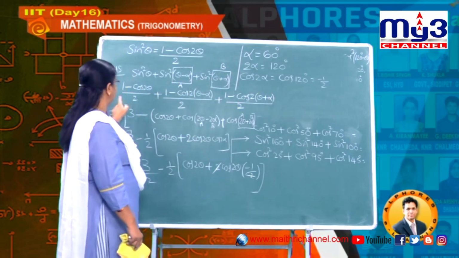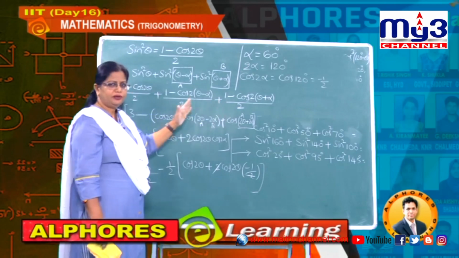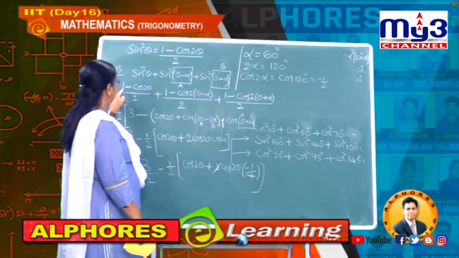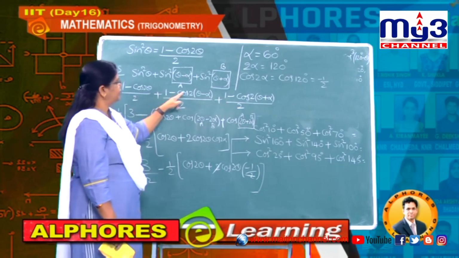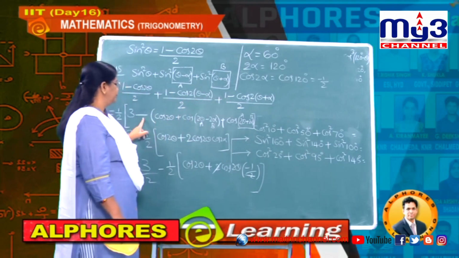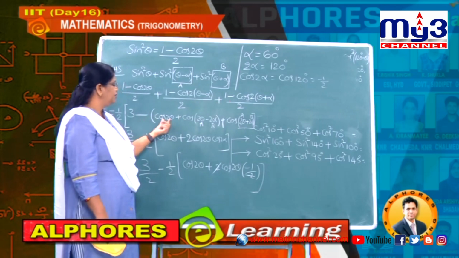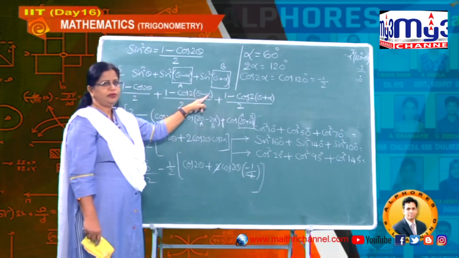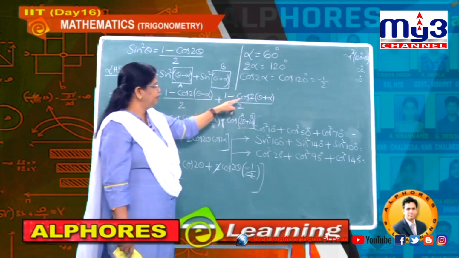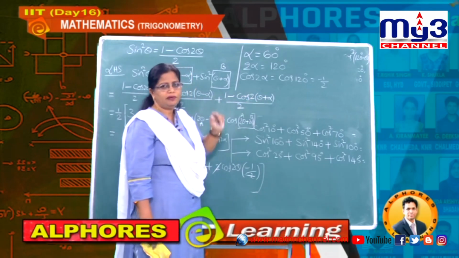And later we separated this denominator 2 value outside, and after that 1 plus 1 plus 1, 3 we wrote, and in these 3 we have taken minus common. After taking minus common, you got cos 2 theta plus cos 2 theta plus 2 alpha, and next cos 2 theta minus 2 alpha, okay.